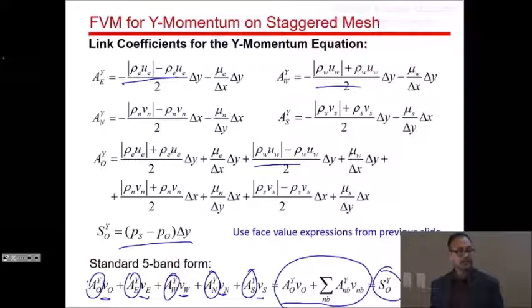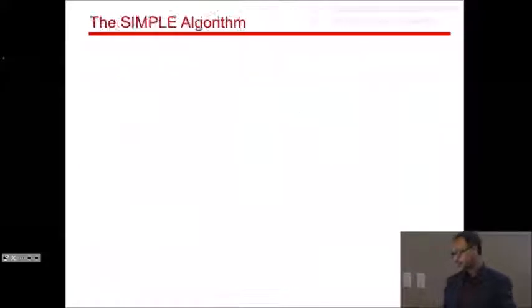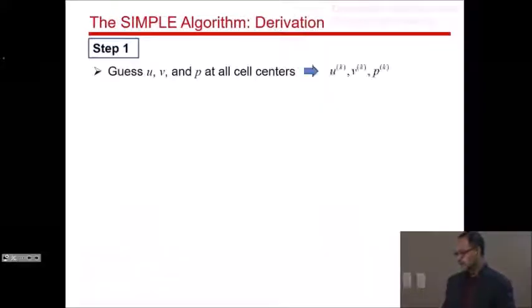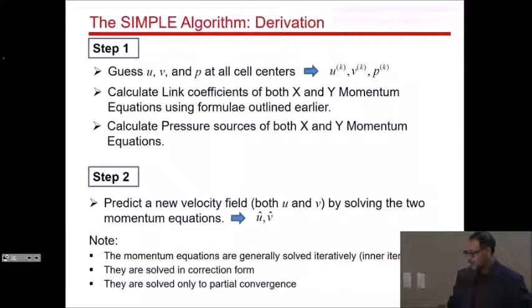It's a linearized form of the momentum equation, where this already has U, V, but they are using old values, and then I'm predicting a new value. So that's the idea in step 2, that you're solving the 2 momentum equations, and the new solution I'm going to call U hat and V hat.